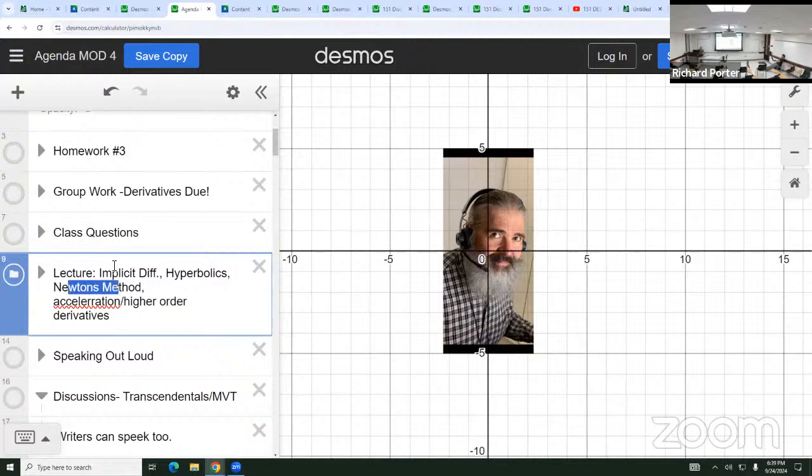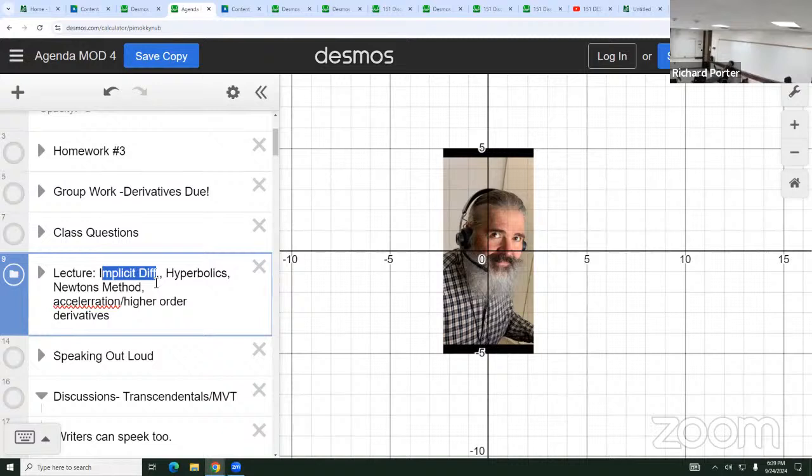Newton's method and implicit differentiation are applications of derivatives. They are ways of finding things. Newton's method finds zeros, which means it's used to solve equations. Implicit differentiation is a way of finding derivatives when a function isn't explicit.